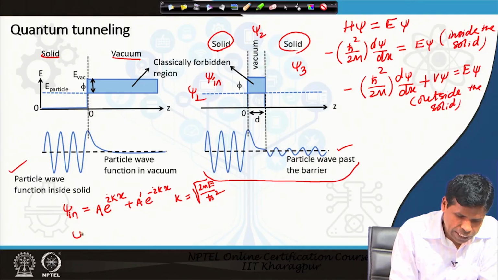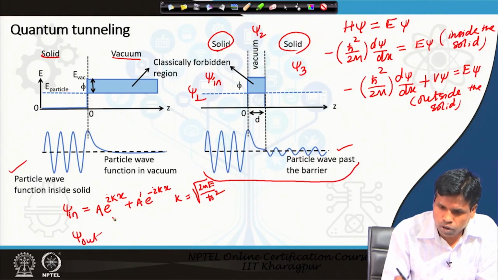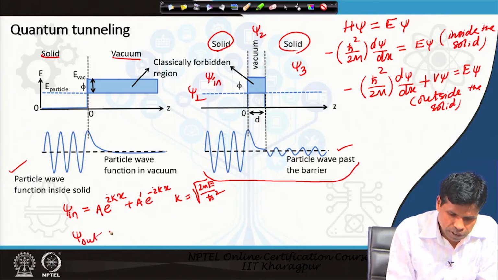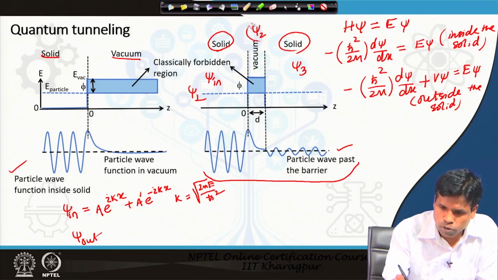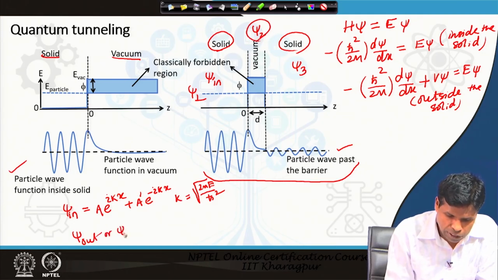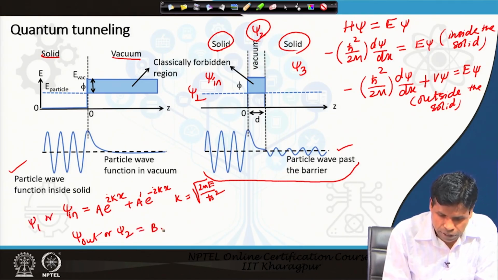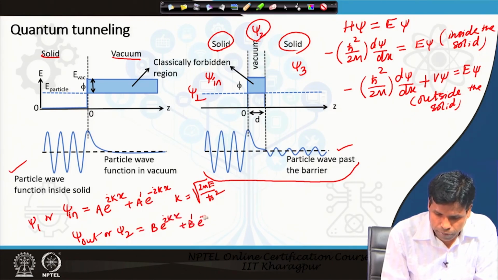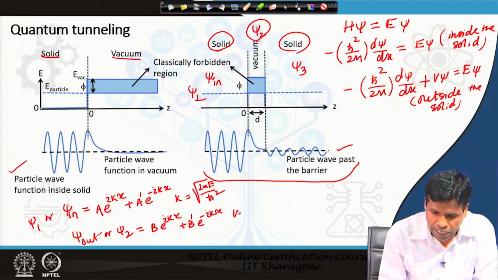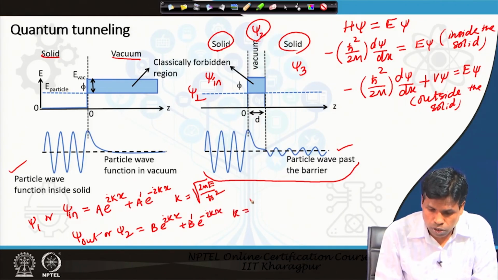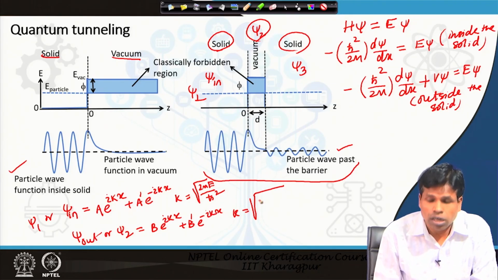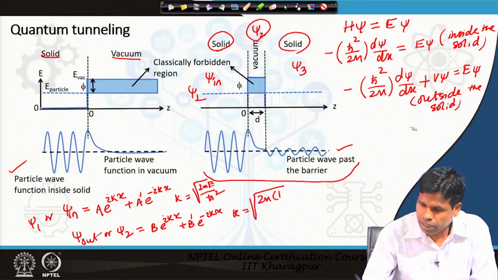Similarly, for psi 2, we can write B e to the power i k x plus B prime e to the power minus i k x, where k is equal to root over 2m times V minus E. Here V is equal to phi, that is the work function.